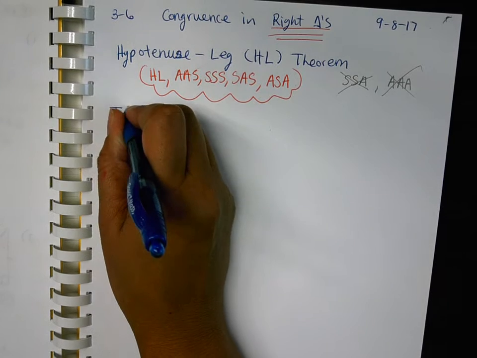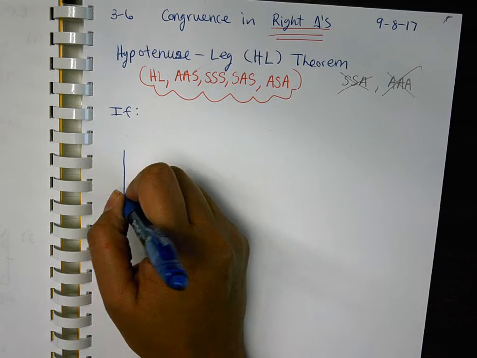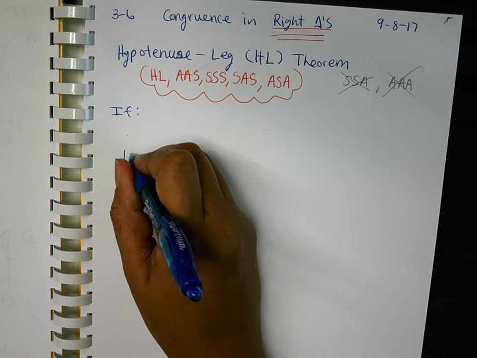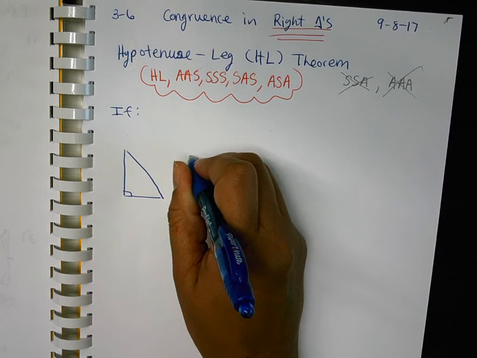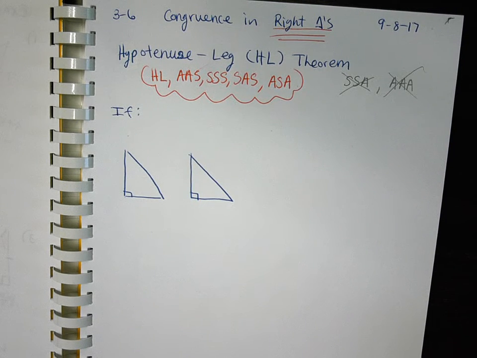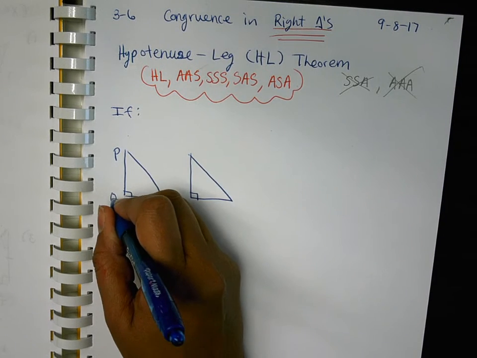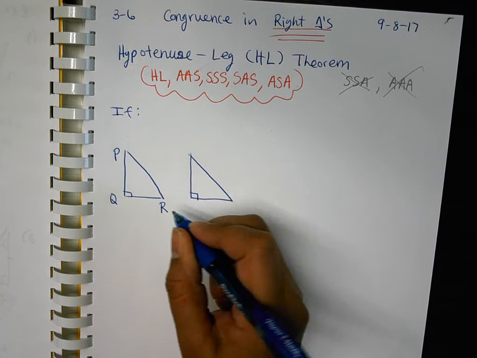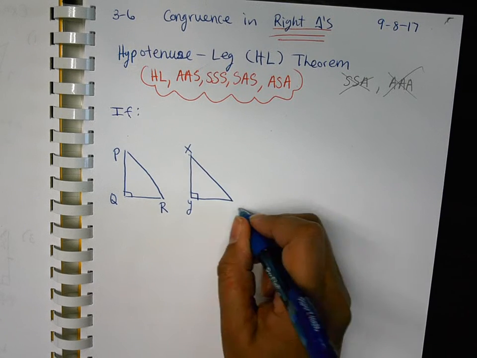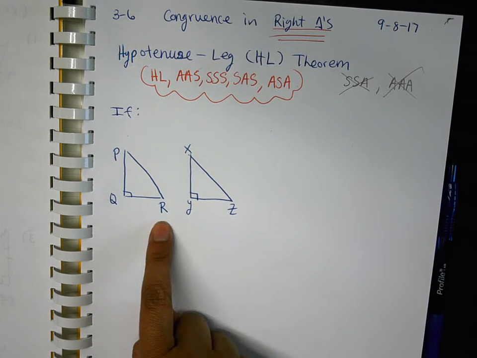If, and I'm going to leave some space here to fill in the if, but I'm going to draw the picture. Otherwise, when I'm writing the if, it makes no sense. Because I will be labeling congruent sides, it is important that you label your triangle like mine, PQR, and XYZ.